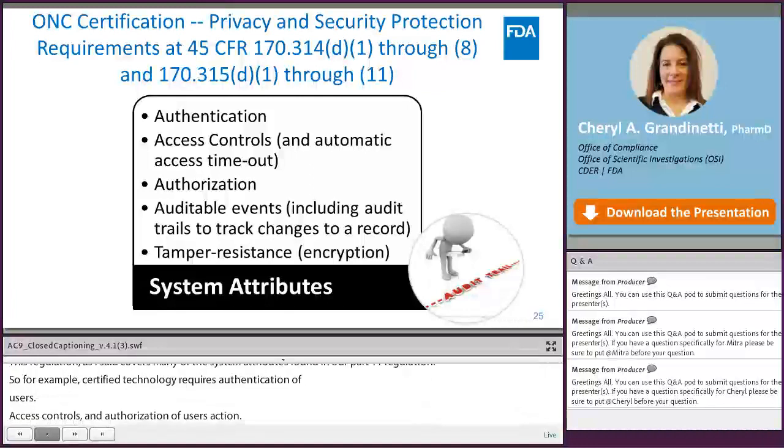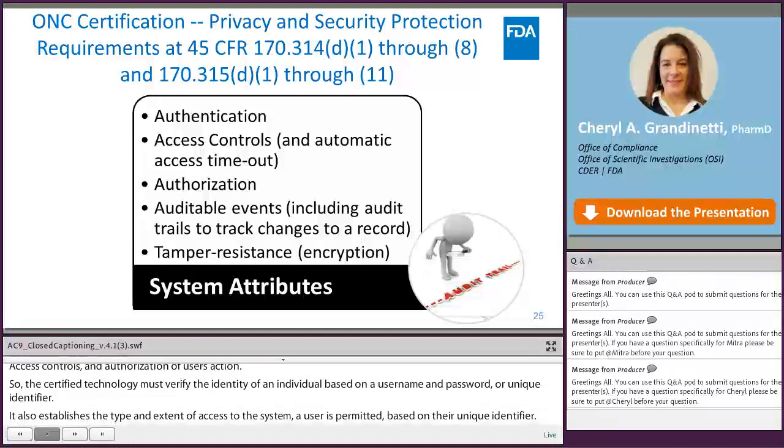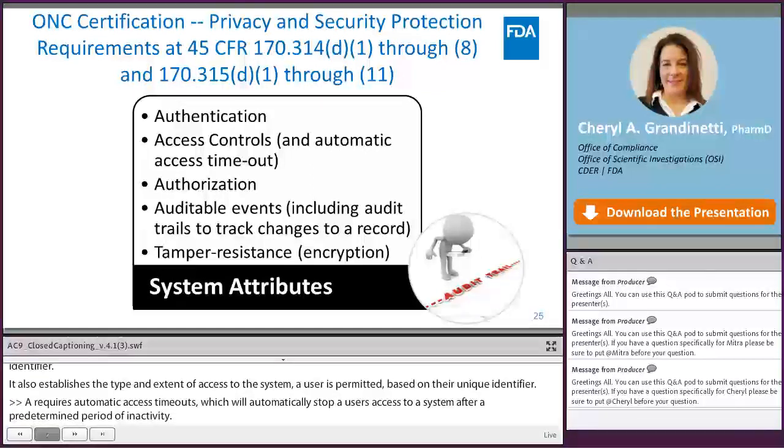It also establishes the type and extent of access to the system a user is permitted based on their unique identifier. It requires automatic access timeouts, which will automatically stop a user's access to a system after a predetermined period of inactivity.